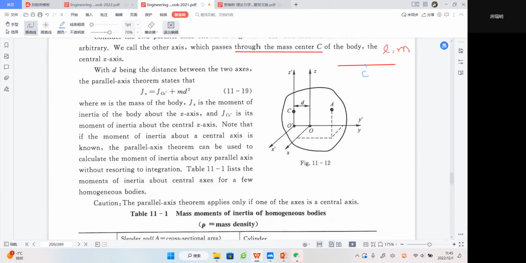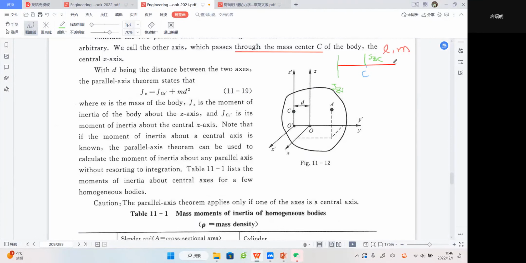If we think about the mass moment of inertia relative to two axes, one is through one end of the rod, which is Jz, and another is through its mass center C, which is Jzc.